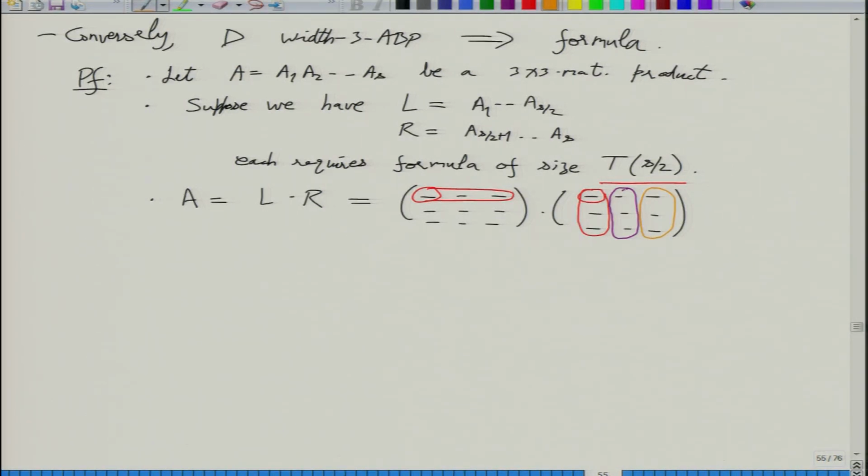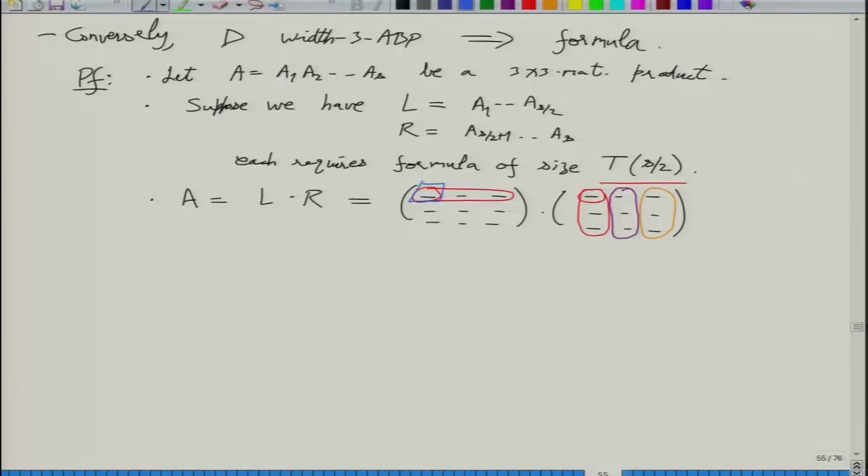So in particular this first entry you have to use 3 times. So you have computed that entry, but to get A you actually have to use a fan out of 3, and that is not allowed.